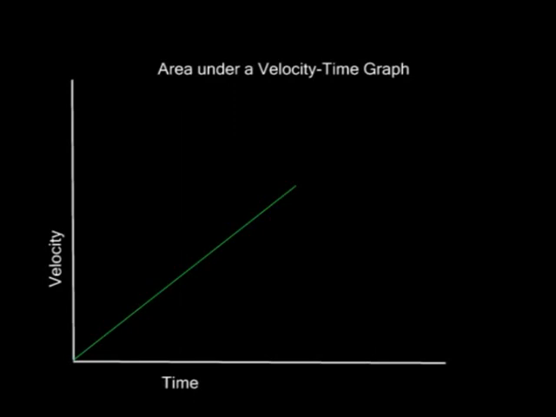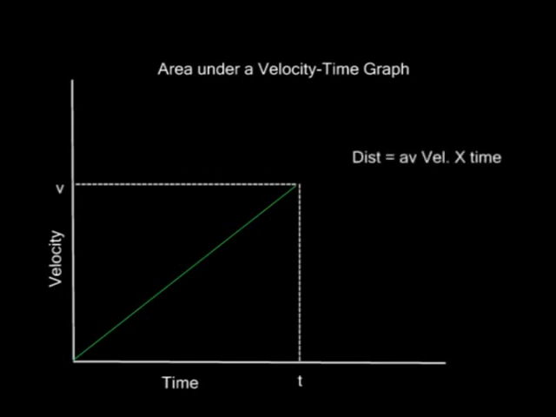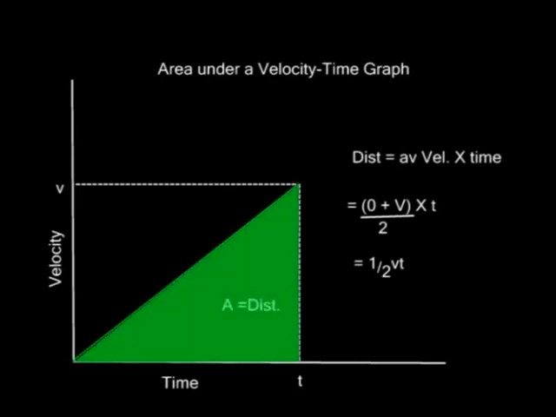If the velocity of the body after t seconds is v meters per second, then distance traveled is equal to average velocity times time, which is equal to 0, because the body started from rest, that is 0 meters per second, plus v over 2, times t, which gives us a half vt. The area A under the velocity time graph is therefore the distance covered by the body after t seconds.